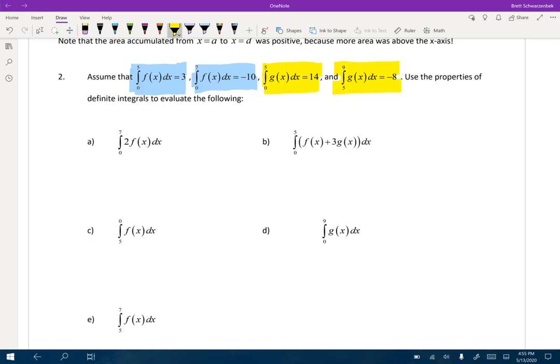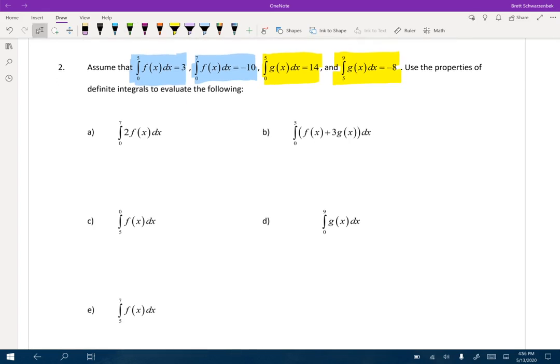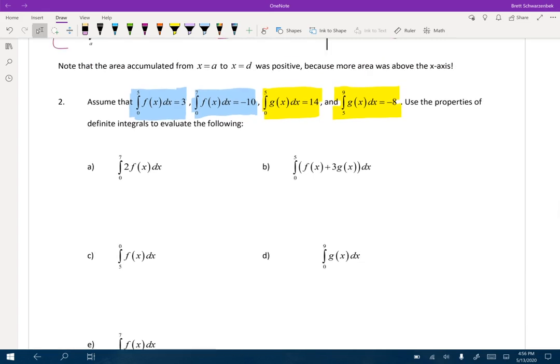These are actually provided to you in an effort to finish and complete A through E in number 2. So look at A. It says, what is the area from 0 to 7 of 2 times the function? Well, we've already been given the area of 0 to 7 of just the function, but you've learned that when you take an integral, a constant is just coming along for the ride.